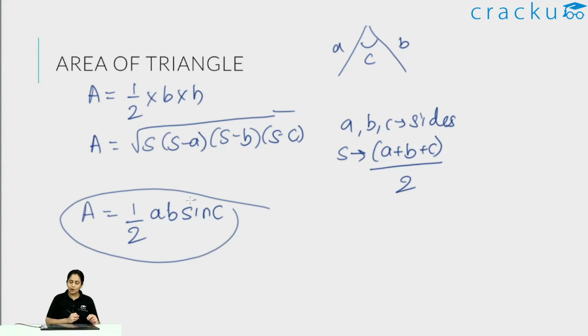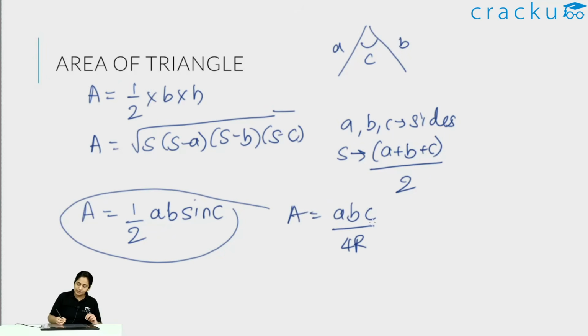Okay. Now another useful formula is the one involving circumradius and inradius. These generally don't come directly. Essentially, you will be given the area of the triangle and you have to calculate the circumradius using this particular formula, or you will be given the area of the triangle, or it is determinable, and you have to calculate the inradius. So the two formulas are: area is equal to ABC by 4R.